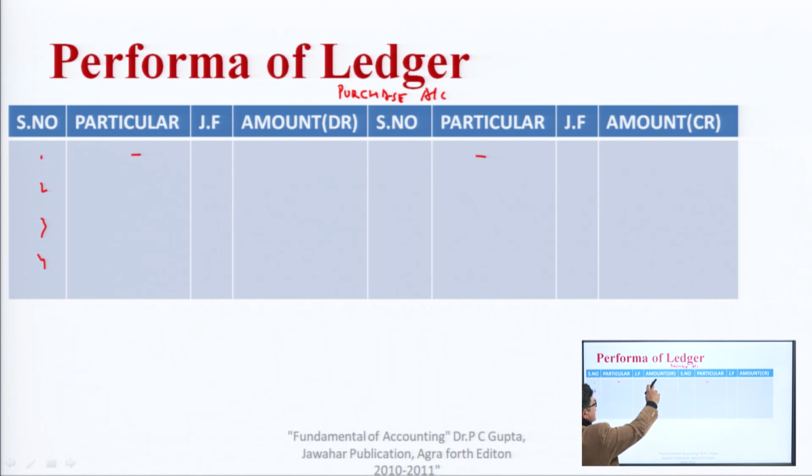We write the amount in this position and the journal folio number. Remember, I told you when I was talking about the proforma of the journal entry, there was a ledger folio, and here is the journal folio, meaning which page of the journal you found this transaction on. You have to write it down to easily find things.